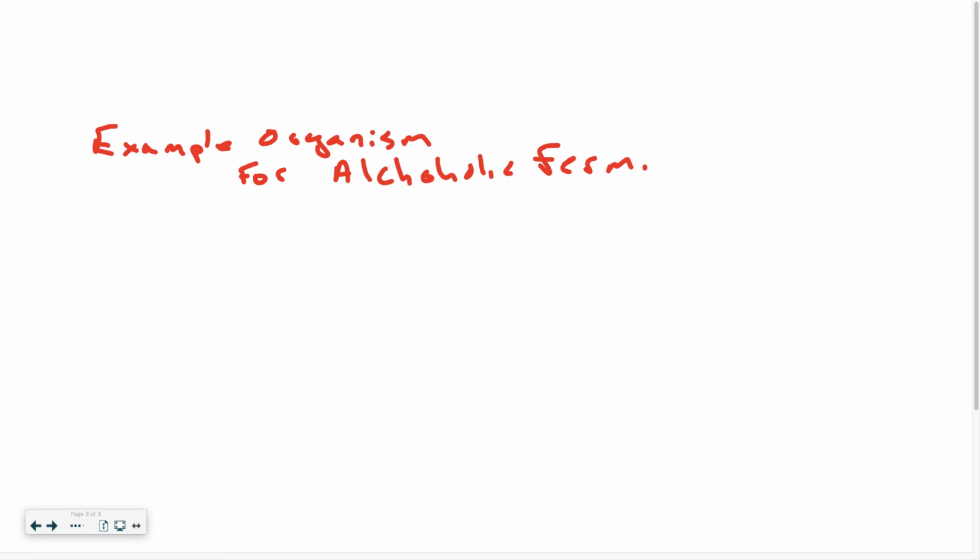One organism that does alcoholic fermentation is yeast. You put yeast in bread, and in preparing alcoholic beverages, to collect the alcohol or collect the CO2. Yeast is kind of the exception though.